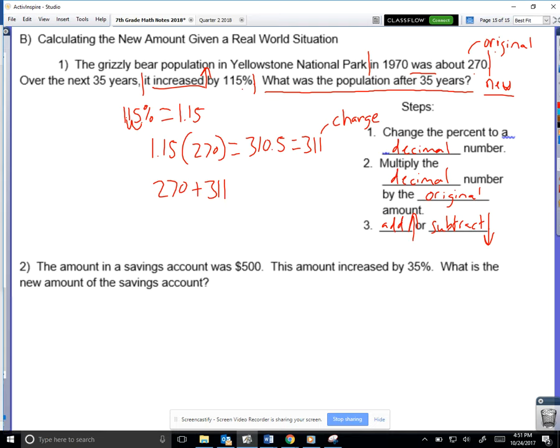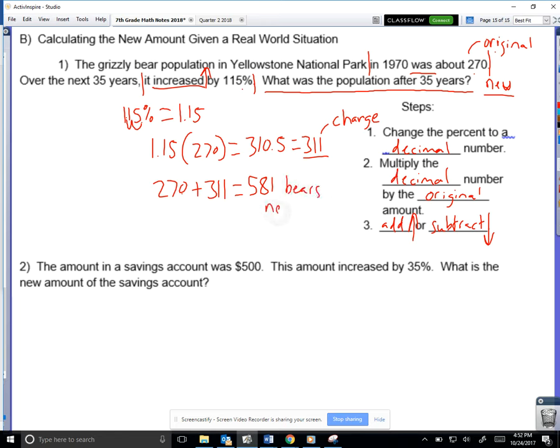All right, 311 is not the new amount of bears. That's just the change. So this is what our bear population was, the original. Then we got the change, and this is going to get us the brand new population of bears, which is going to come out to 581 bears.